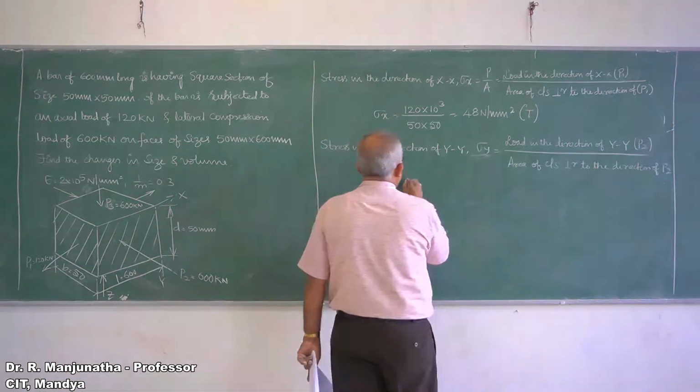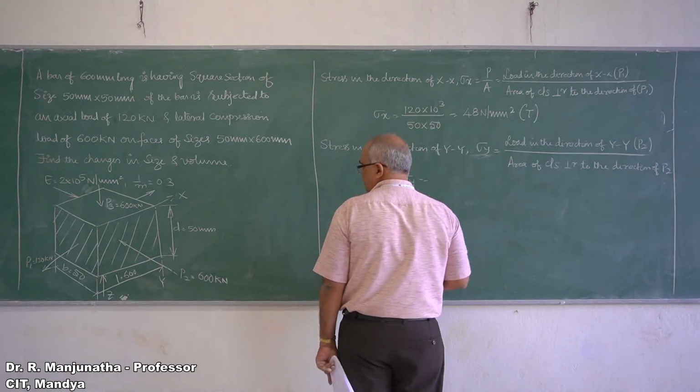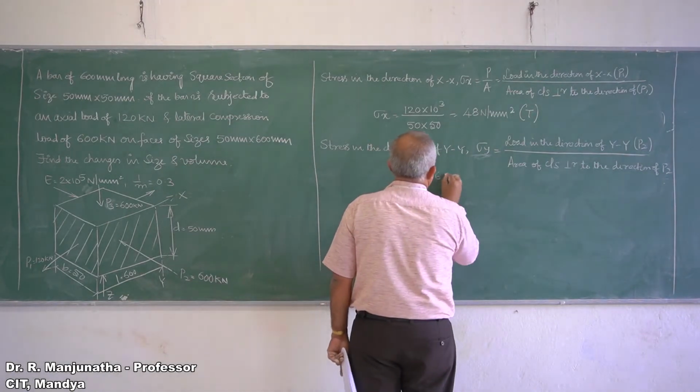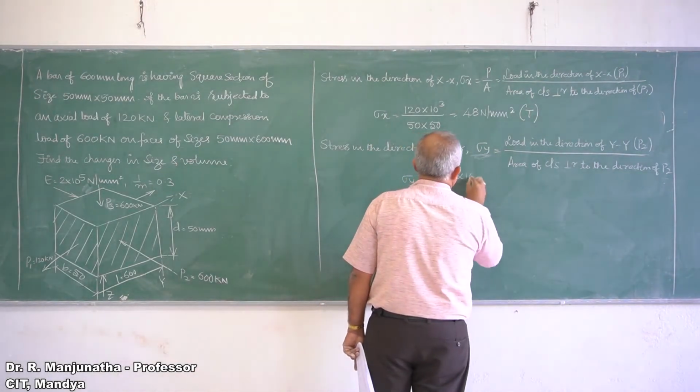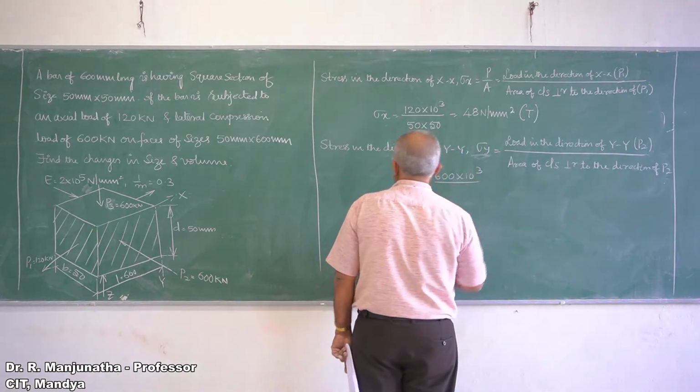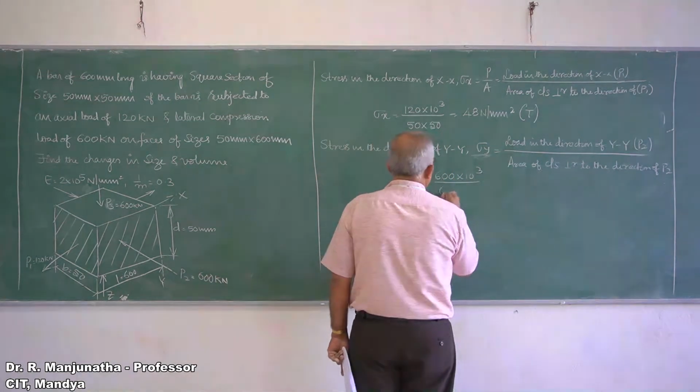Therefore sigma y will be equal to 600 kilonewton, so 600 into 10 to the power of 3, divided by the area of cross section, which is 600 into 50.